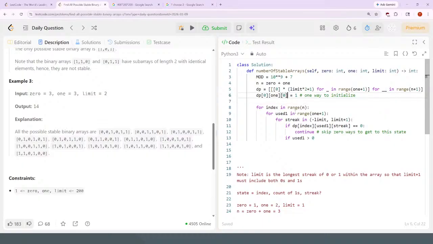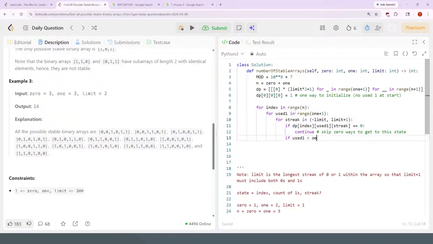Increment the number of ones used, or I can decrement it. Maybe I should increment it.